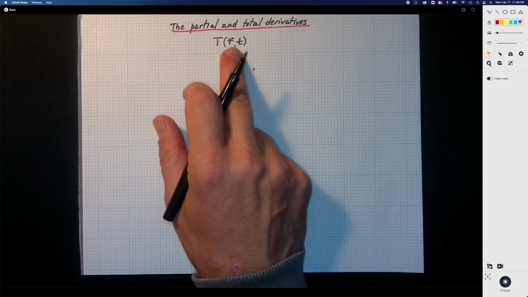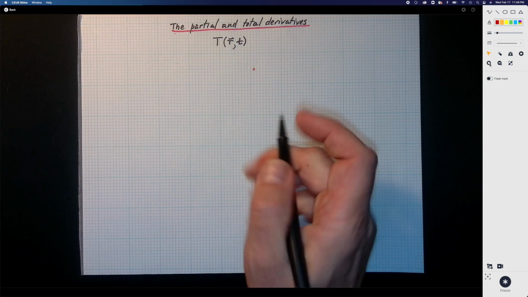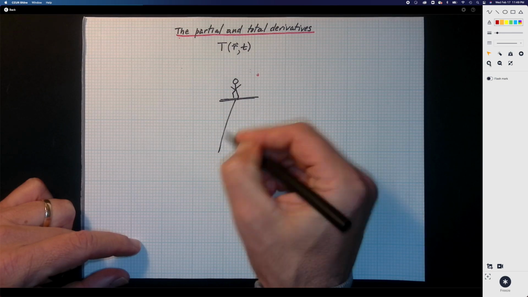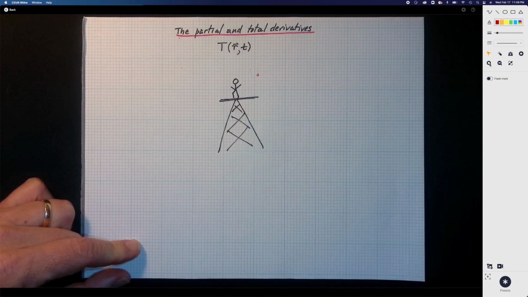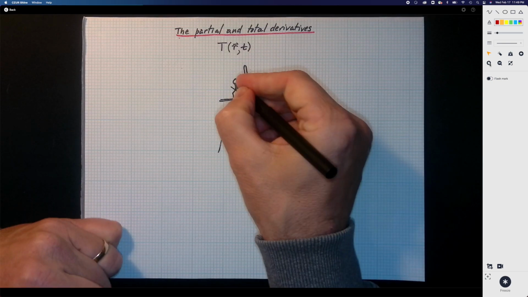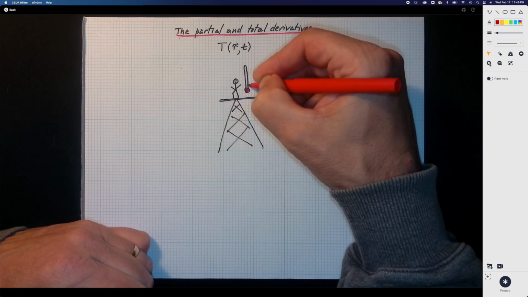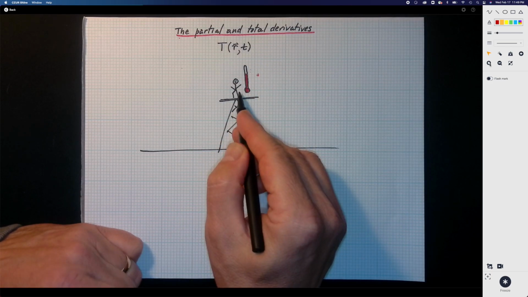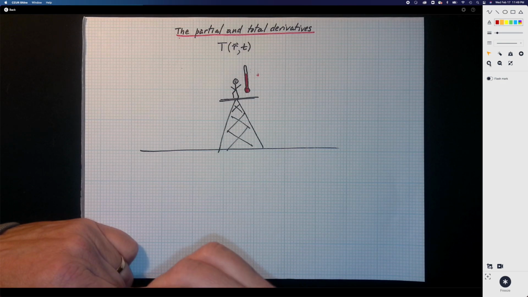We want to take the derivative of the temperature. We are going to imagine that there's an observer, a tower, with the thermometer. And the position of the observer is fixed, so the observer is not moving around.